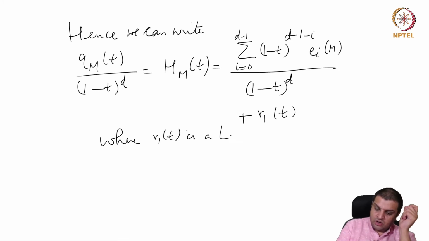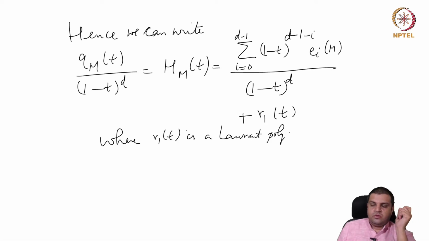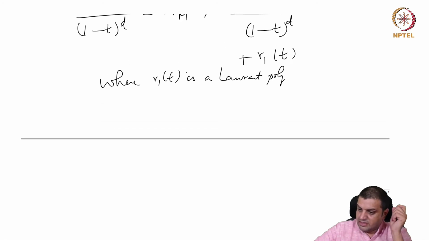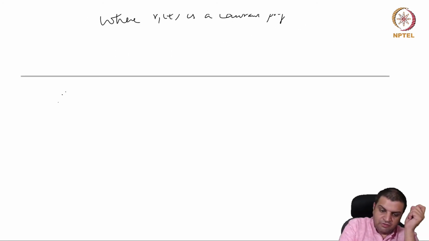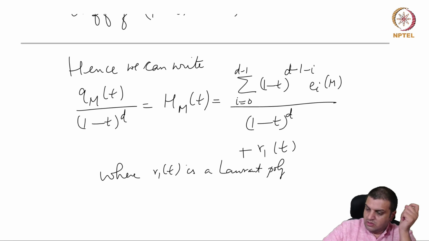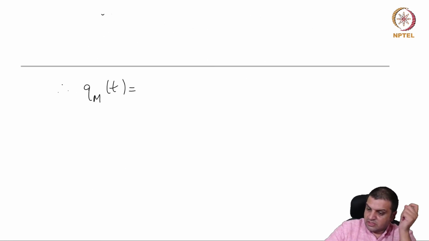Now we need to make the denominator the same, then compare. Therefore Q_m(t) is this quantity plus 1 minus t to the d times this.